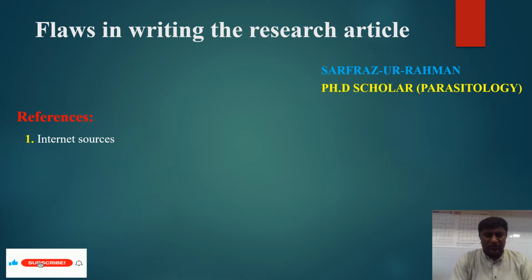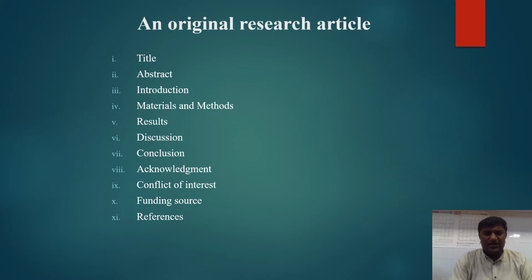So next is an original research article. Actually, an original research article means the research article which totally consists of the information of your research findings you have done during your degree or after the degree of the PhD or MPhil.